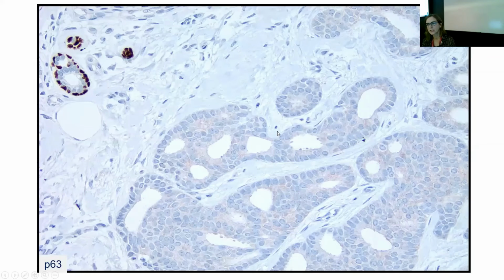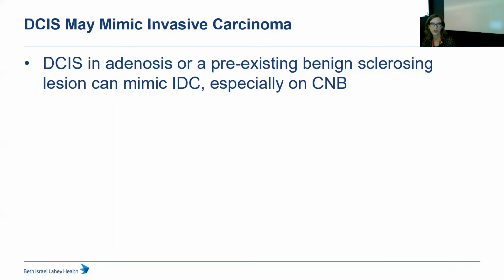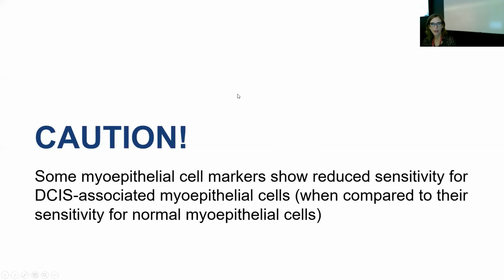So immunostains sometimes will be good in resolving that challenge. And I already illustrated this point about DCIS in a pre-existing lesion mimicking IDC, especially on a core needle biopsy where you don't always have that kind of low power view to help.